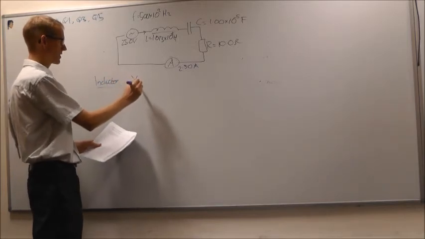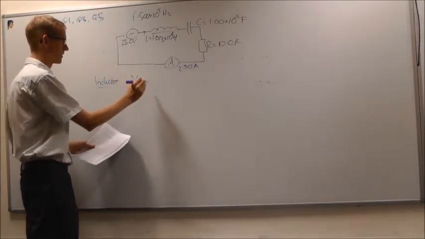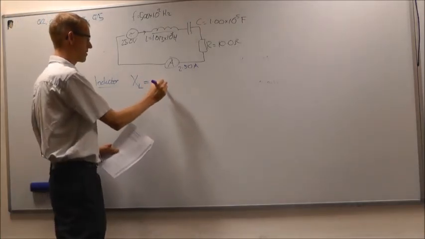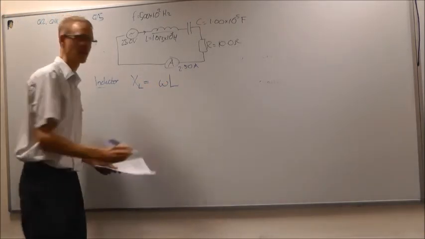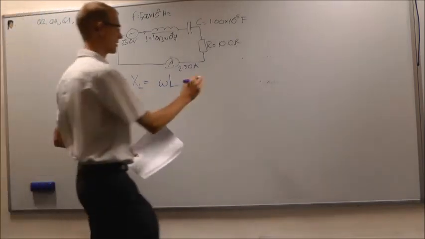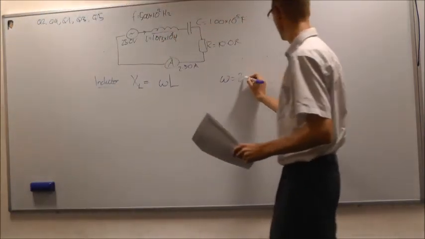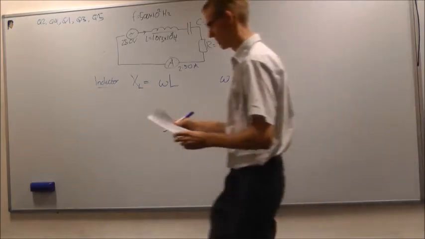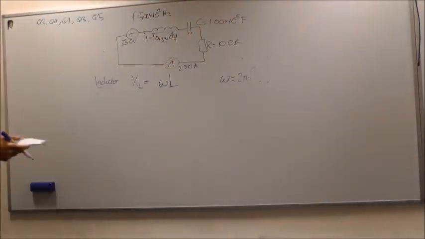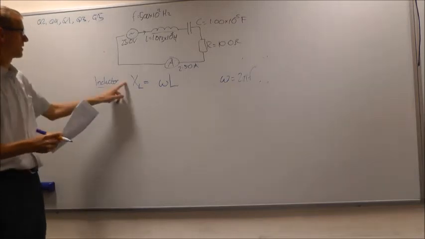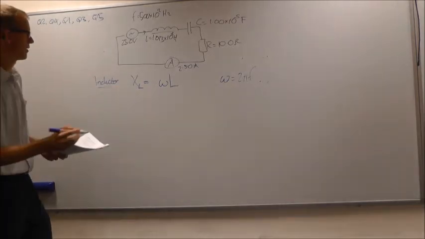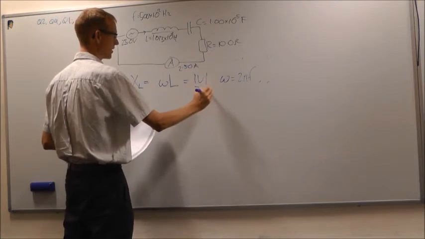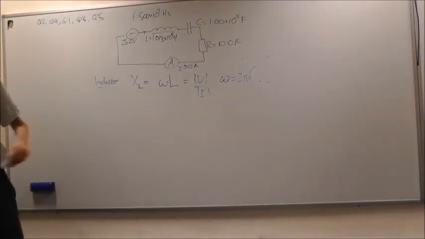So we know the reactance of the inductor is omega times L, the inductance, where omega is your angular velocity, 2 pi f. And that, of course, is going to equal the magnitude of the voltage over the magnitude of the current.